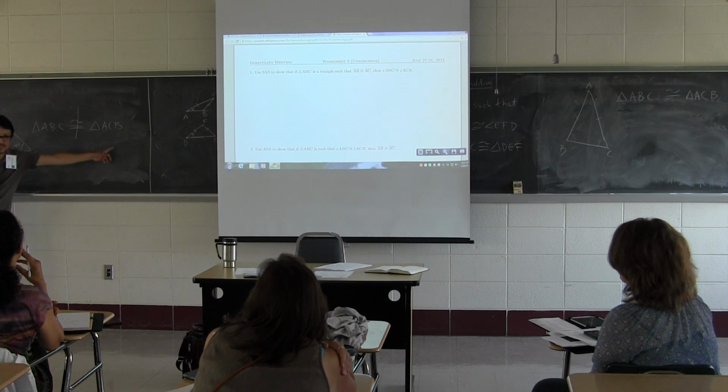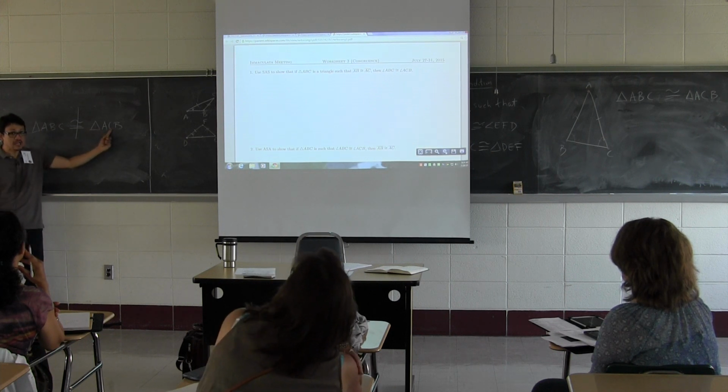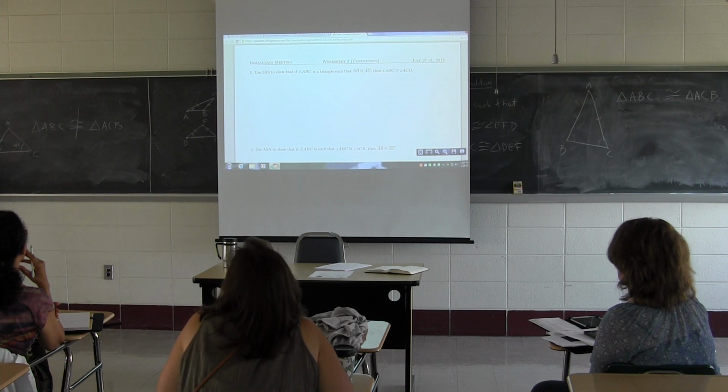This congruency would mean that the vertex A goes to A, the vertex B goes to C, the vertex C goes to B, and then this angle goes to this angle, but they are different, right? So the triangle ABC is not congruent to the triangle ACB.